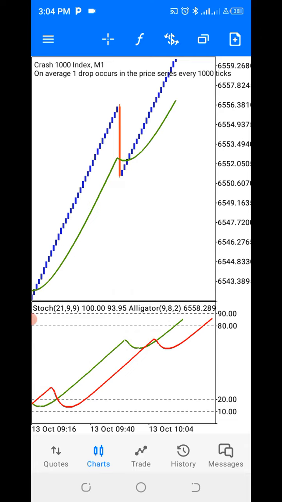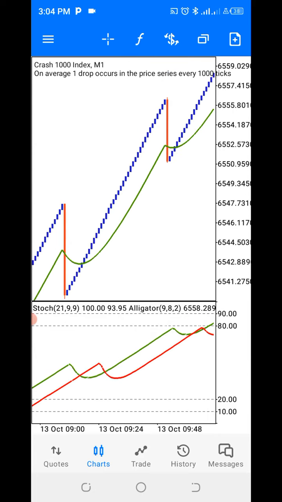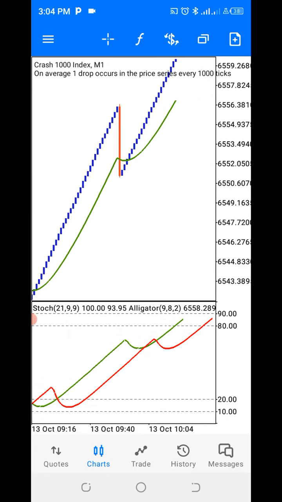So today I'm actually going to be sharing a very powerful strategy you can use to scalp Boom1000 and Crash1000. Right, I've gotten a lot of feedback from you guys on the envelope strategy that is really doing magic for you.